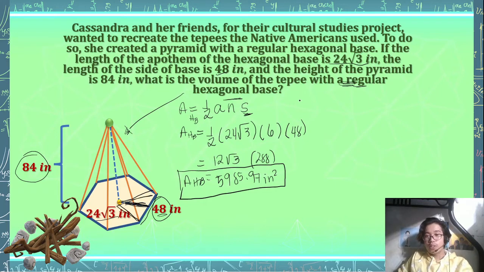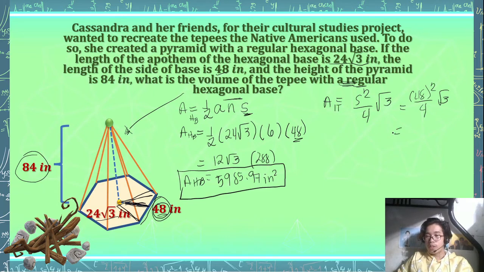We already know the formula for the area of an equilateral triangle: s squared over 4, multiplied by the square root of 3. The value of s here is 48, so that's 48 squared all over 4 multiplied by the square root of 3. That's just the area of one triangle.